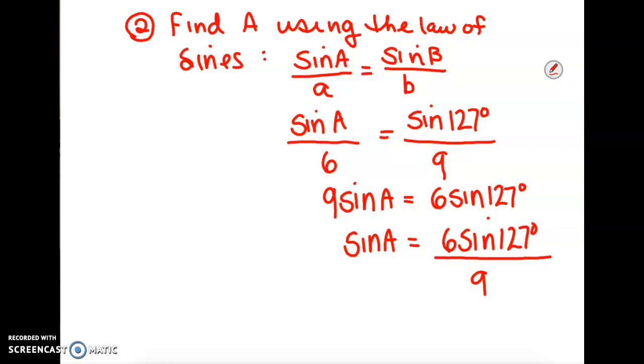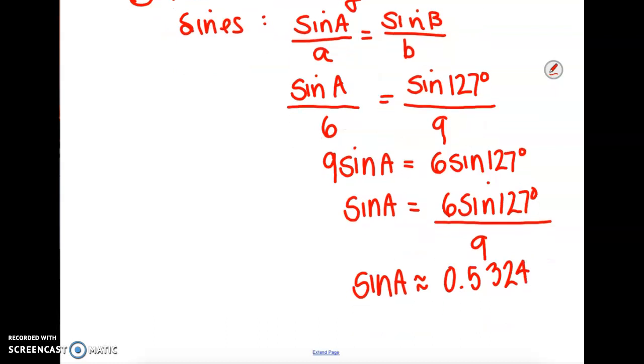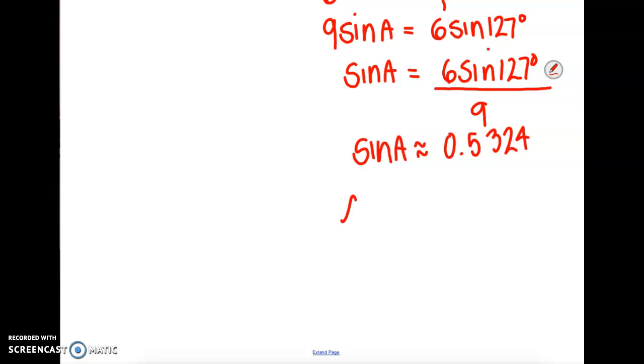You would type it into your calculator. I'm rounding it here. 0.05324. Now we need to use inverse trig. So you're going to push that second sine, sine inverse of that decimal value.